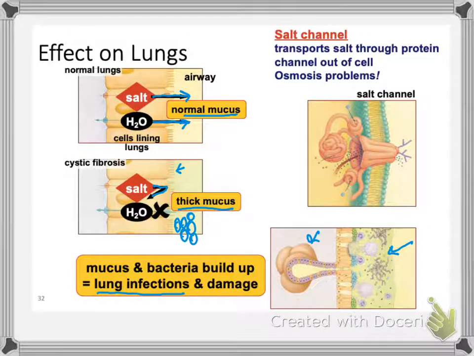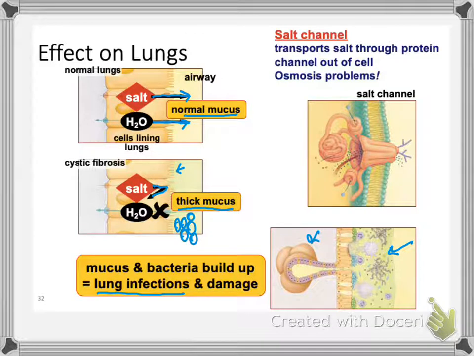Okay, so if cystic fibrosis isn't treated, people typically die by the age of 5. Now with treatments, people usually live to their 30s or middle age before they may succumb to a lung infection like pneumonia. So we have treatments to extend their life.